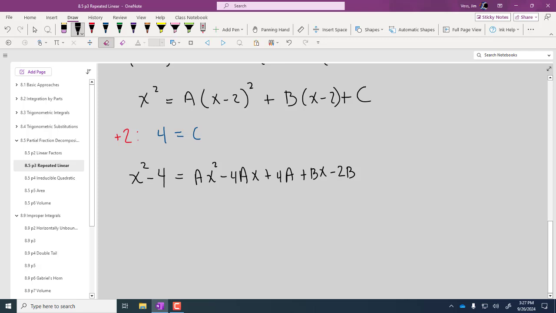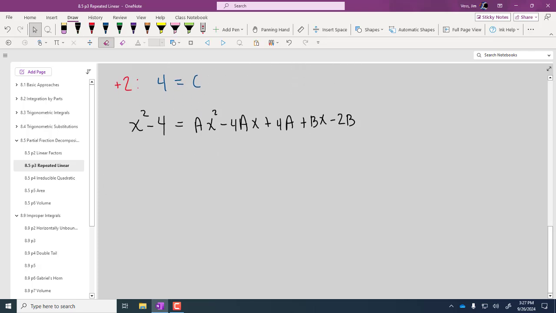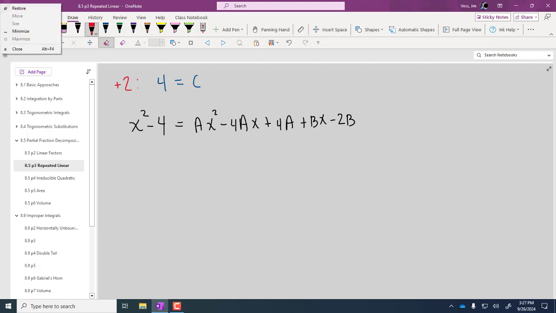So now we've got a traditional setup, but we only have 2 unknowns. And watch how sometimes this traditional method can work really fast. What is the coefficient of x squared on the left?